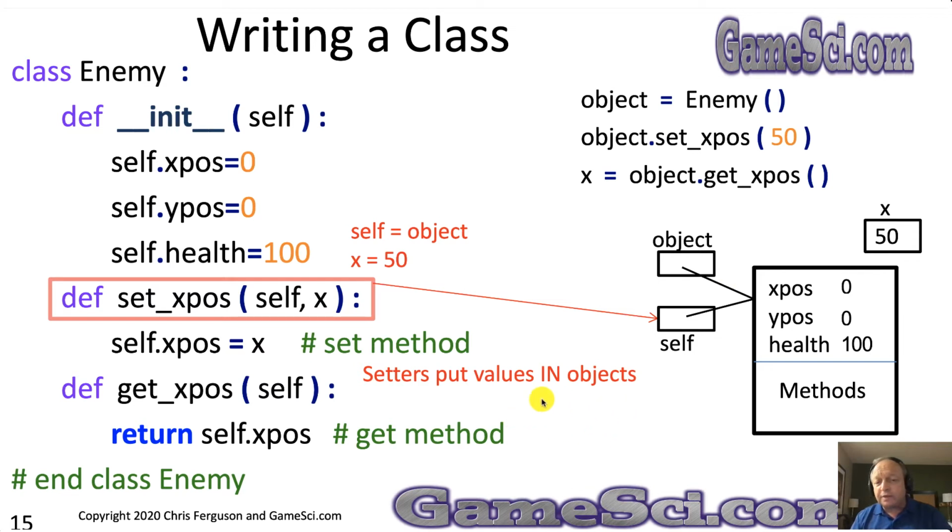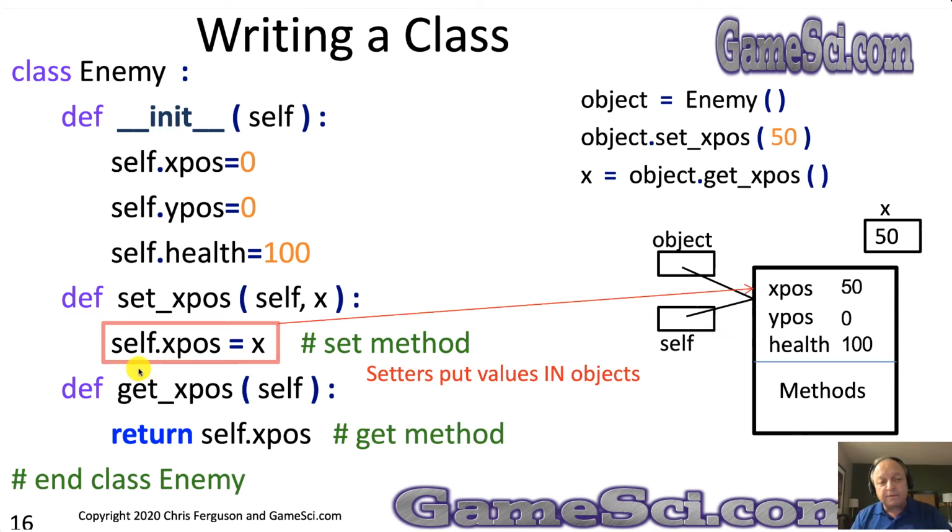Setters put values in object. A setter method would need access to the reference variable to get to the object variables. Self.xpos equals x. X contains the value 50, so a 50 is inserted to xpos. I cannot stress enough, this is just like saying object.xpos equals x.